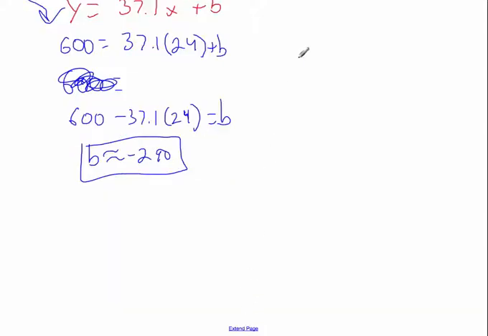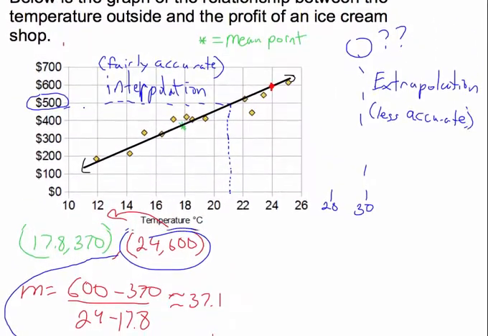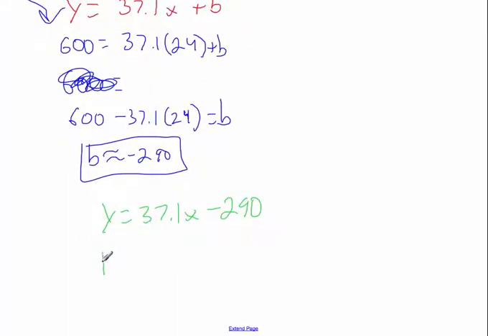So the equation of our line of best fit is y equals 37.1x minus 290. In the context of the problem, this is profit, so profit equals 37.1 times the temperature, capital T, minus 290.